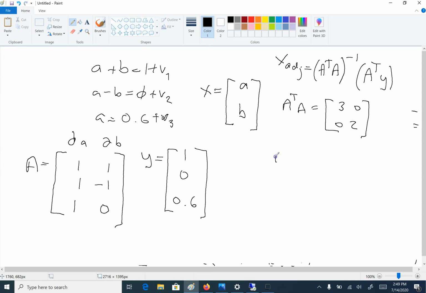So the inverse of A transpose A, or normal matrix, is going to be 1/3, 0, 0, 1/2.